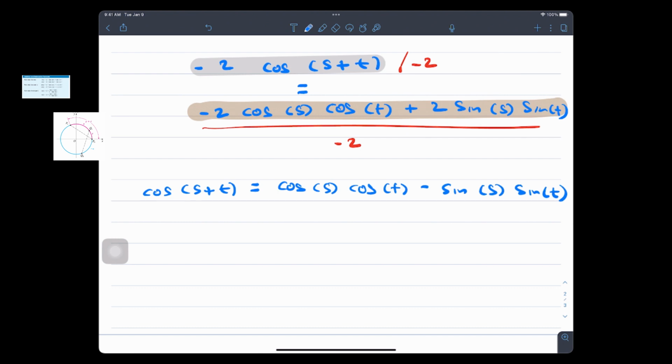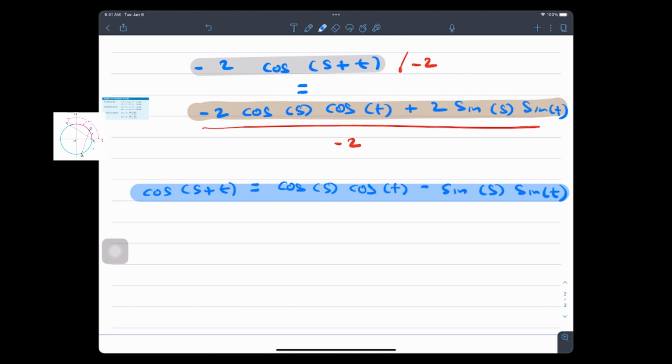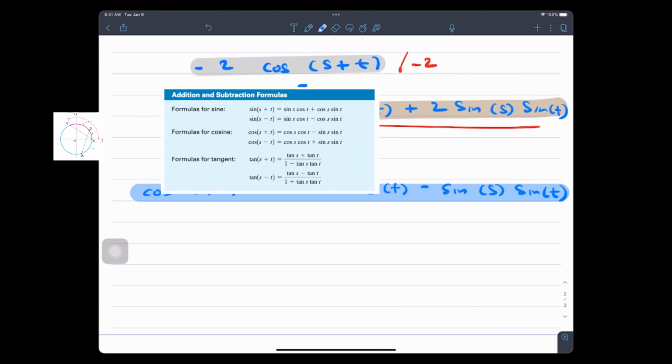Now, all right, let's take a look here. So this is an identity here. And this, ladies and gentlemen, let's double check.